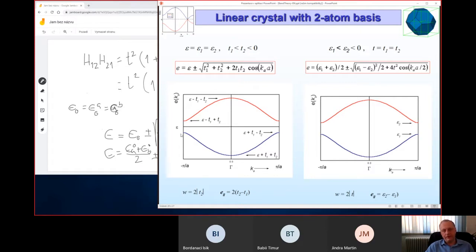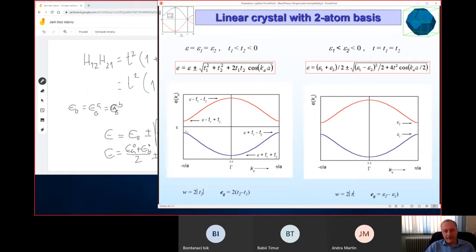So we would have this band, which would be filled by two electrons, because this band corresponds to 2 hydrogen atoms per unit cell, but this band can accommodate only 2 electrons, because each of these levels can be occupied by 2 electrons with opposite spin.